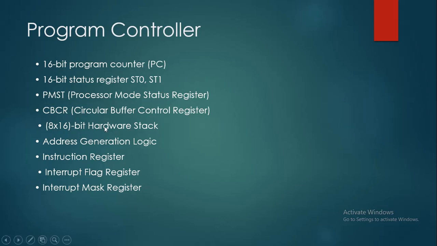It also consists of an 8 to 16-bit hardware stack, address generation logic for generating the address, the instruction register for the instructions to be executed, and the interrupt flag register and interrupt mask registers.